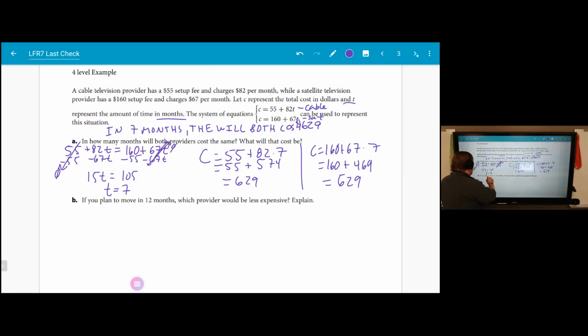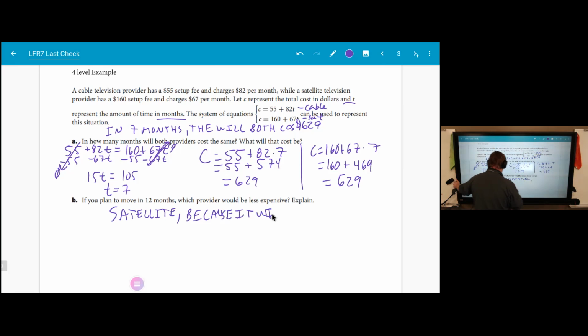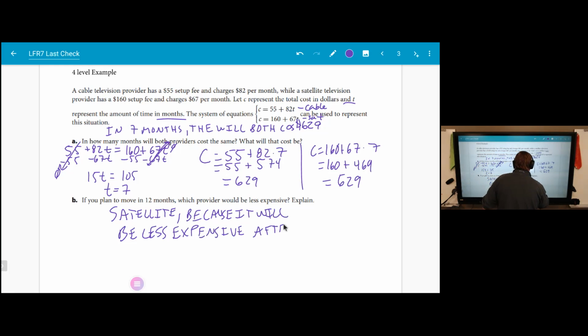So we're going to go with satellite because it will be less expensive after 7 months.